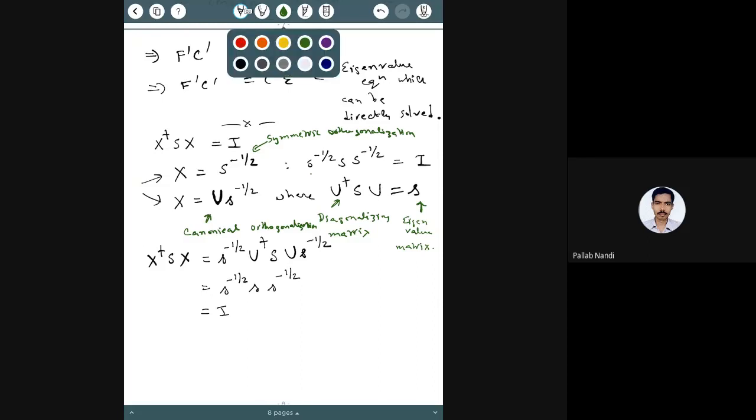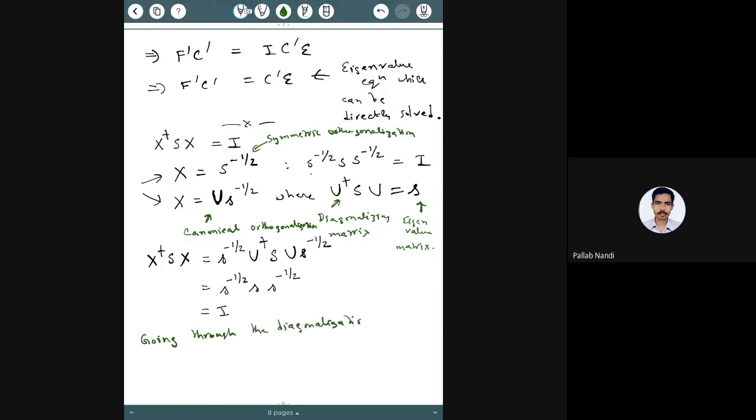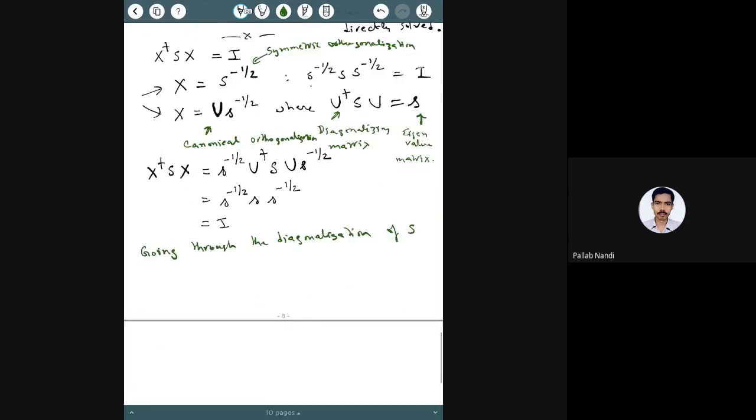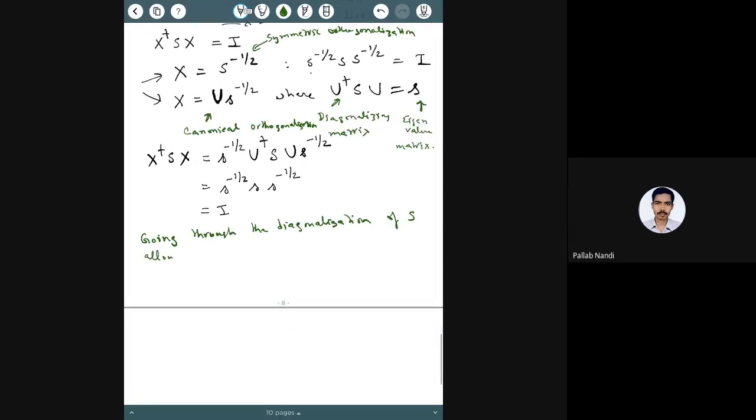So I'll write it down now. Let me write it properly. Going through the diagonalization of S allows us to check for linear dependence in our basis set.